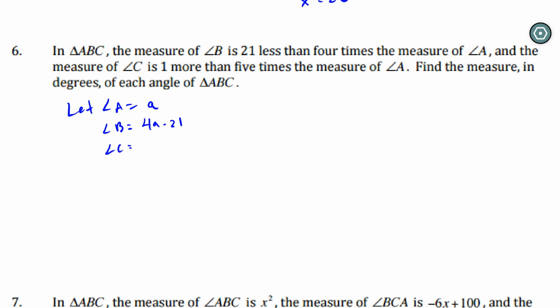And angle C, well, that says 1 more than 5 times A, so that's 5A plus 1. We should remember how to set those up at least from Algebra 1.